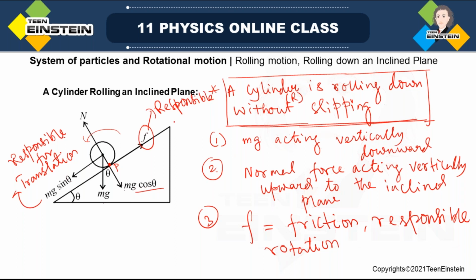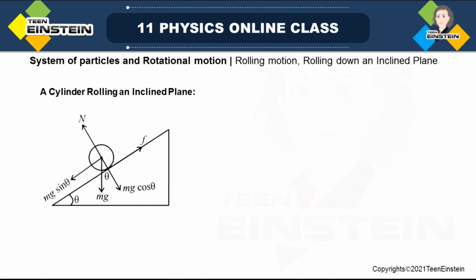If you know this, then half of the concept is learned. Now you have to do certain calculations. Now we'll go to the next slide and see. It is rolling, right? So it is going down, so both translation and rotation are happening.